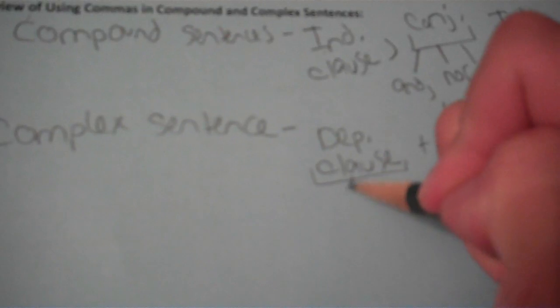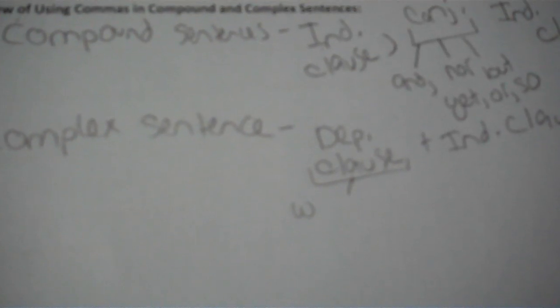Okay? Your dependent clause is going to start with a subordinating conjunction. Some examples of subordinating conjunctions are when, if. Some other ones that it could start with are although. If you look at your summer grammar notes, you should have a list of different subordinating conjunctions.